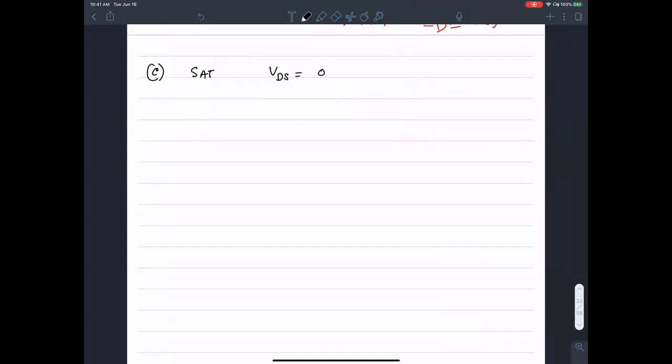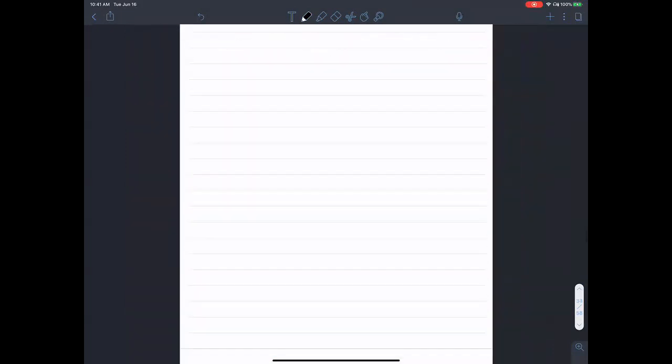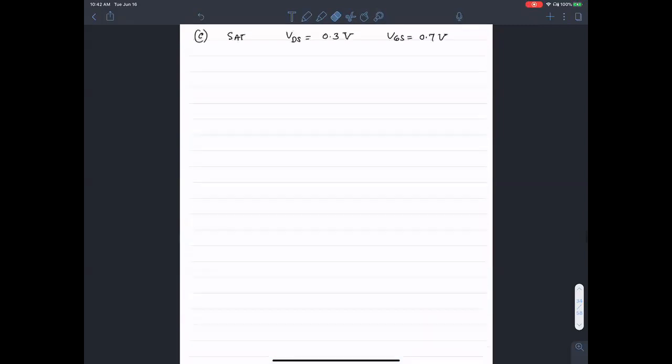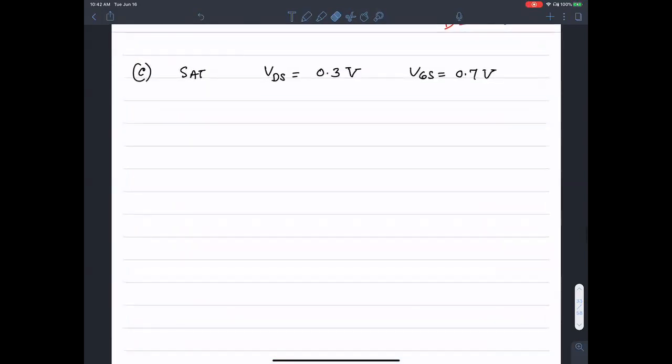VDS is given to be 0.3 volts, and VGS is given to be 0.7 volts. Is that correct? The problem is, we should be able to calculate the ID from here. What's the value of ID?